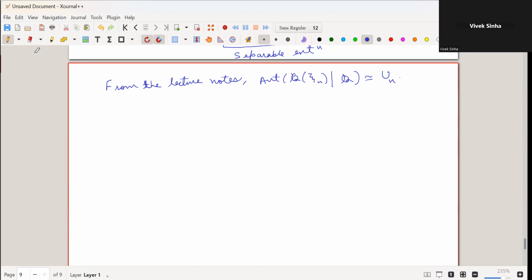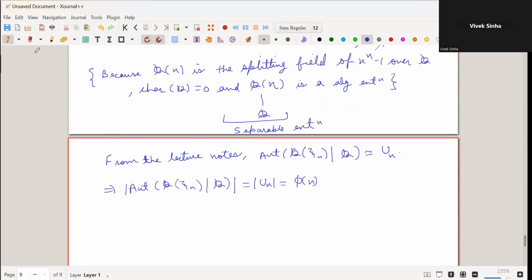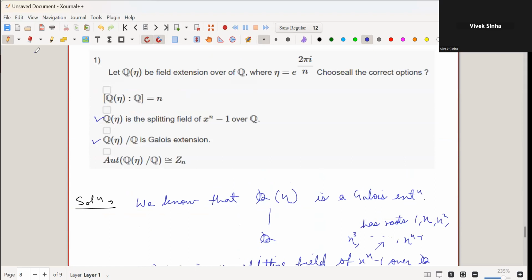So this implies the order of the group Aut of Q of zeta_n over Q is the same as U_n, that is phi of n, the Euler totient function of n, which means the first option is not correct, because phi of n is not necessarily the same as n. In fact, I think it's never equal to n.